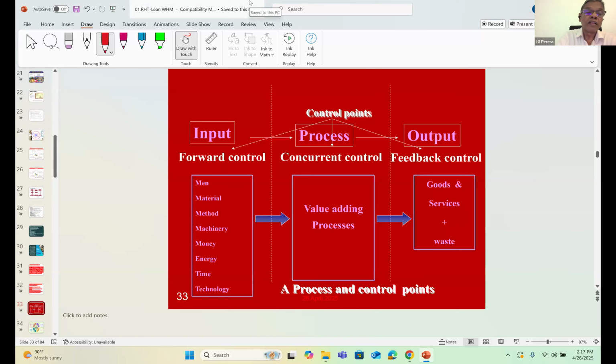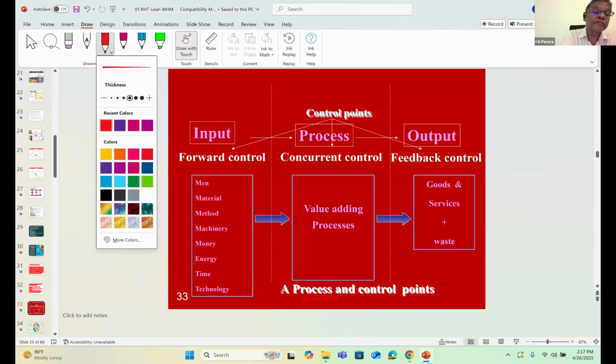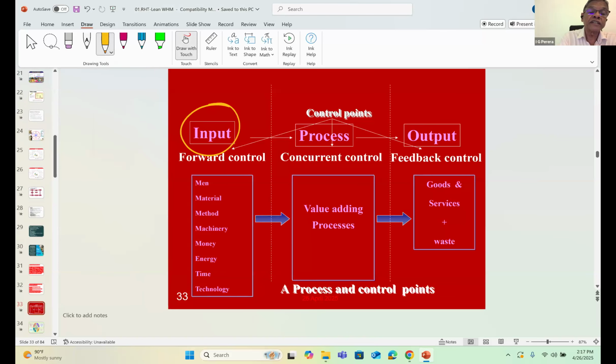So you have inputs here. There are so many inputs: people, material, measures, machinery, money, energy, time, technology, and there can be many other inputs. All these are inputs to the process. In the process, we are transforming these inputs to an output.